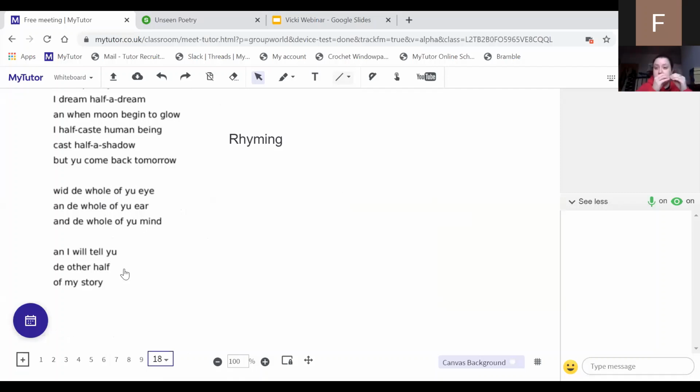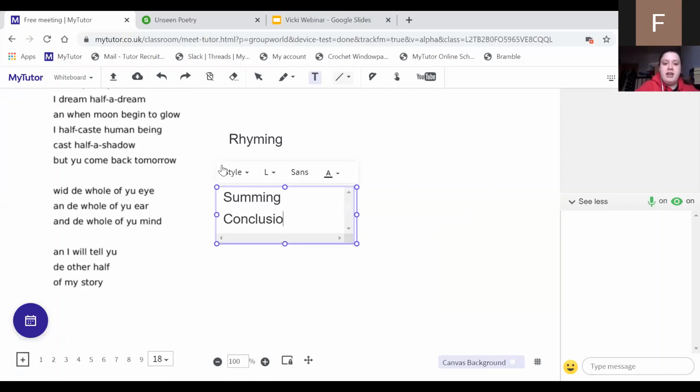So it goes short, massive, and then comes back down, sort of like a really nice curvature on a graph. So this is, I suppose, summing up, and this is his conclusion. So we've almost got an introduction and a conclusion going on here.